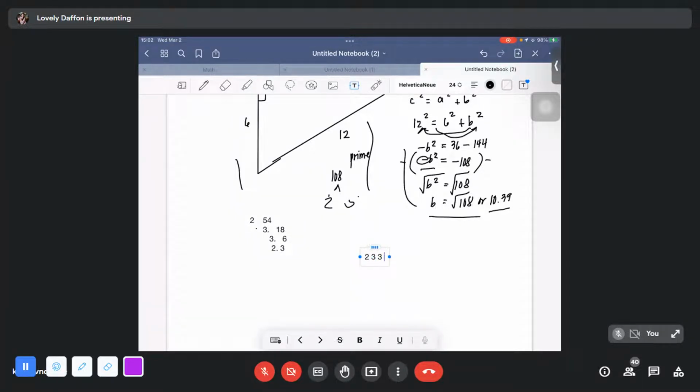Unsa man diha nga factors, nga pag ato silang i-multiply, maka-generate ta og perfect square? Sige daw. Let's have 2 times 3. 2 times 3, that is 6. Sunod, times 3, that is 18. Times 2, that is 36.